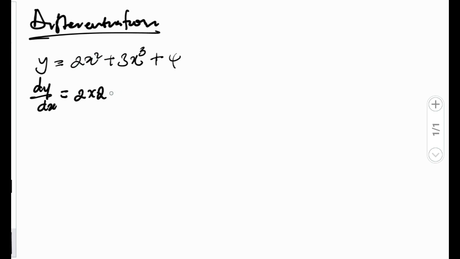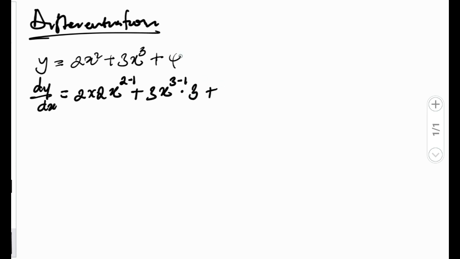If I have y equals 2x squared plus 3x cubed plus 4, to work this out I would say dy dx would be equal to the power multiplied by the coefficient, which is 2 times 2, then x, then the power subtracted by 1, plus 3x to the power 3 minus 1, multiplied by the power.